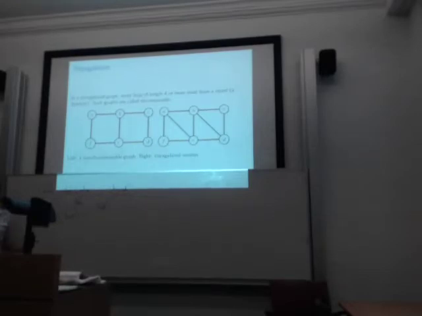I'm not proving any of this. You can look in textbooks, not mine. But in some sense, the more you think about this kind of stuff, the more obvious it becomes, really.